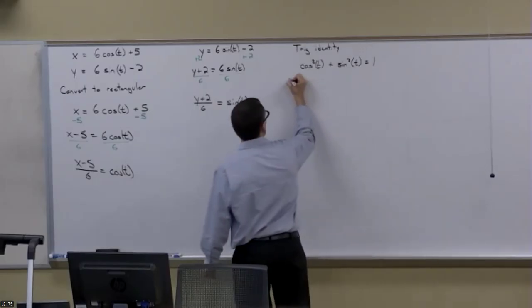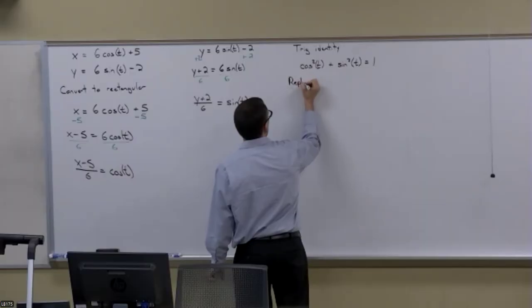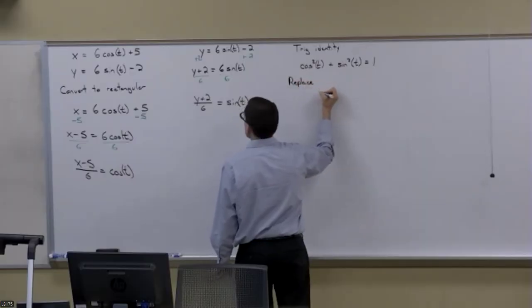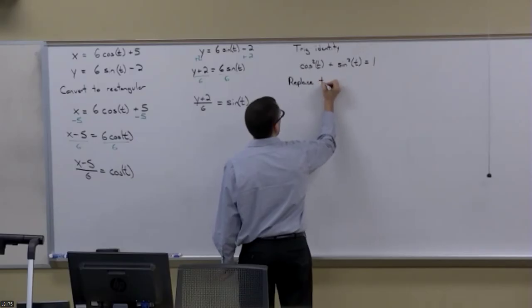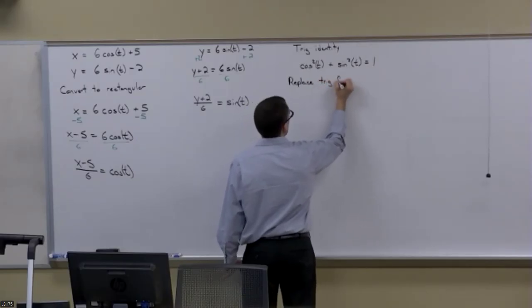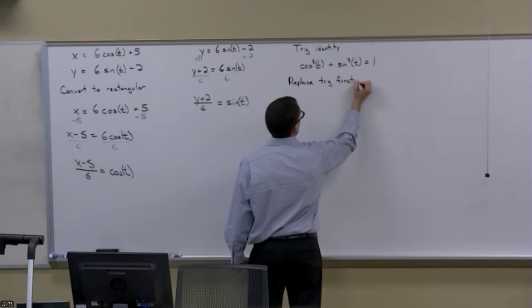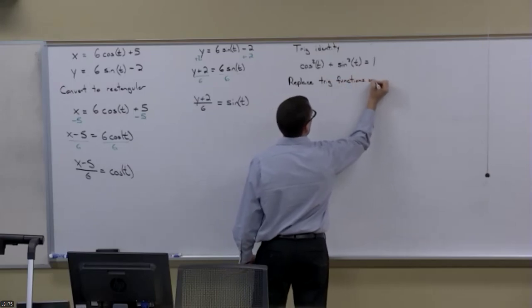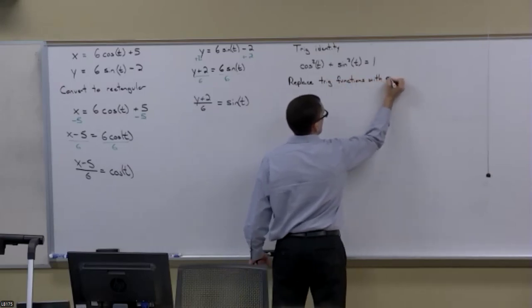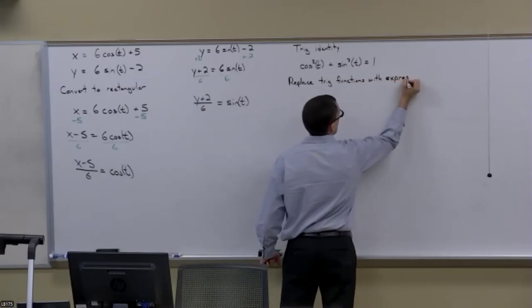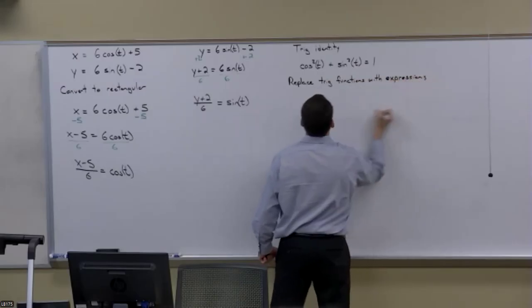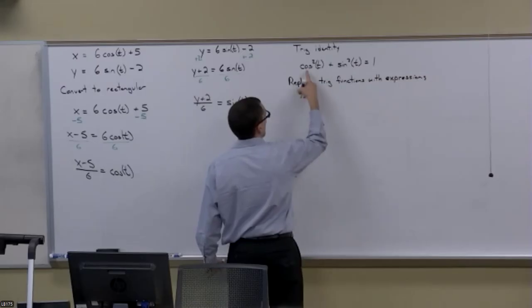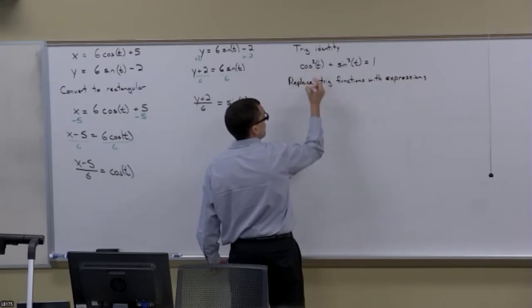So replace the trig functions with expressions. So cosine, now you've got to remember that this thing is being squared.